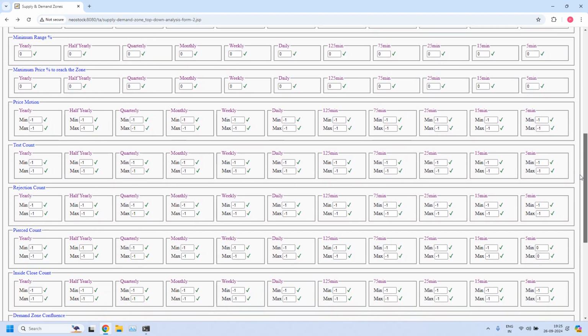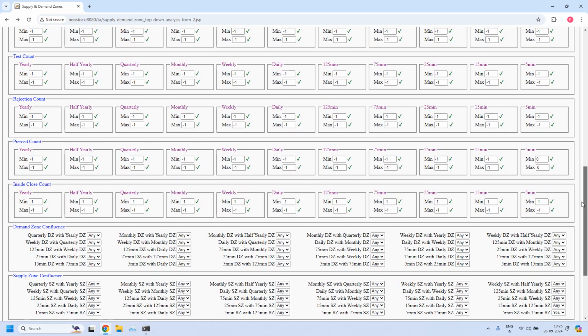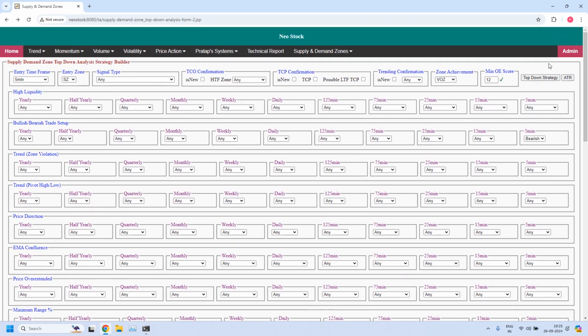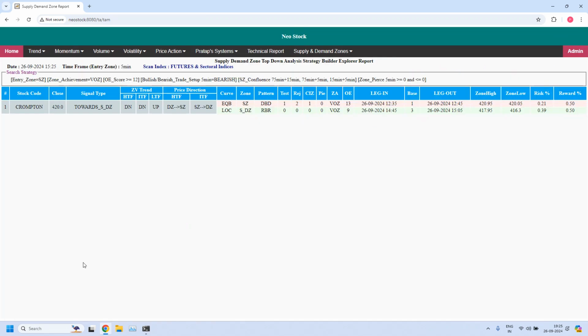So in the supply zone confluence, 5 minute supply zone with 15 minute supply zone is already enabled. Next I'm enabling 5 minute supply zone with 75 minute supply zone, and also 15 minute supply zone with 75 minute supply zone confluence, all the 3 filters. Let's verify. Only one stock, Crompton, is having LTF, ITF and HTF confluence.